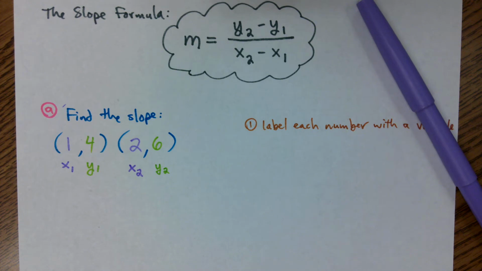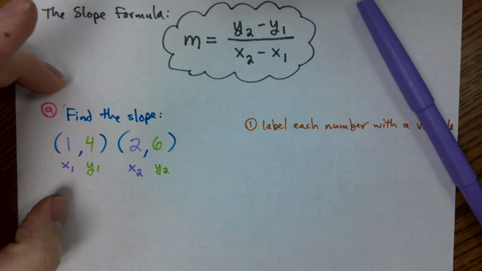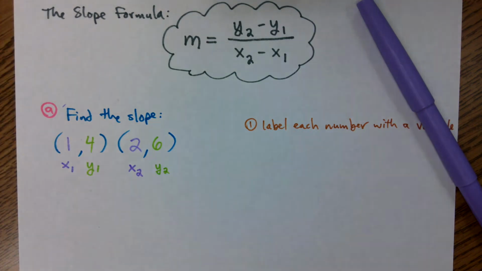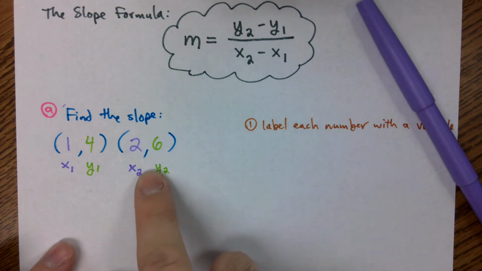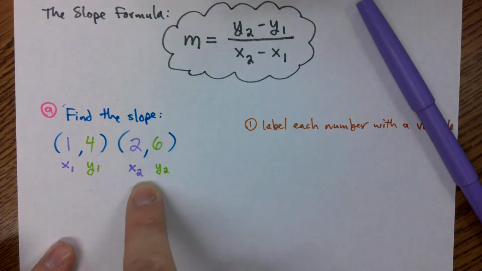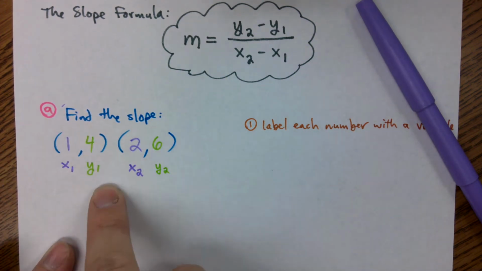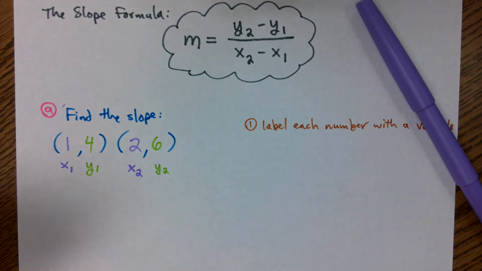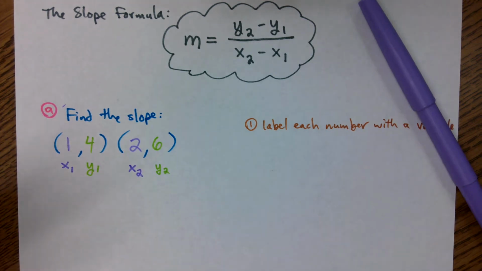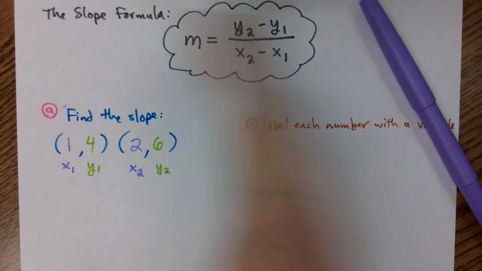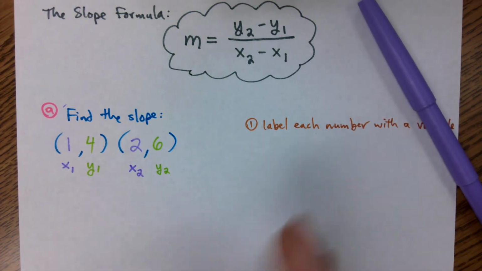So I would say, just to be consistent, if you're going to use the actual slope formula like this and not the shortcut we learned later, just label it from left to right. If you start thinking, well, what if, can't this one be x1, y1, and this one be x2, y2? Yes, and you'll get the exact same answer. I would just keep it left to right so you don't forget and you don't mess yourself up.